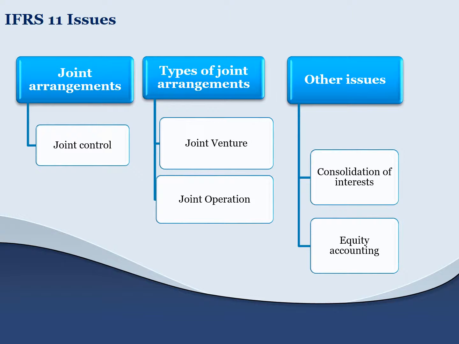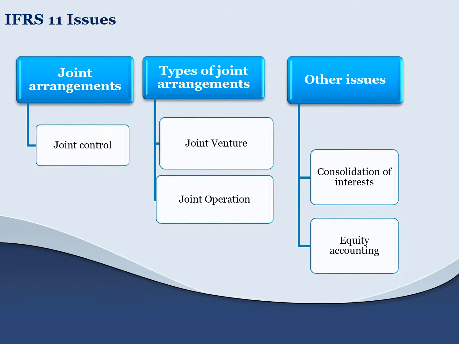You get two types of joint arrangements under IFRS 11, either a joint venture or a joint operation. These two types of joint arrangements are qualitatively different and have a different way of being accounted for by entities, and therefore the appropriate classification of a joint arrangement as either a joint venture or a joint operation is of critical importance.